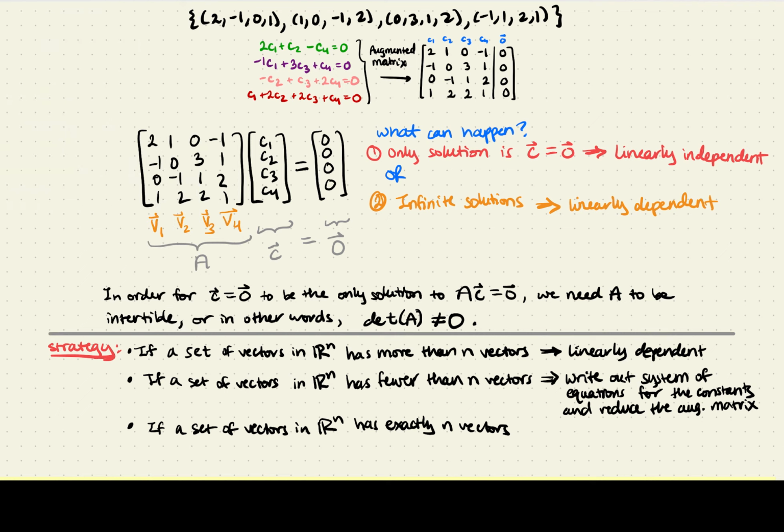So if this is the case, we're just going to check the determinant of A. If the determinant is not 0, then we would have linearly independent vectors because the only solution to those constants would be zeros. If the determinant is 0, then we would have a linearly dependent set of vectors.